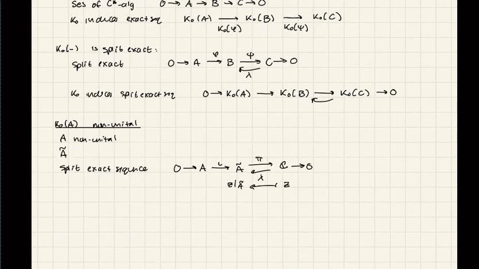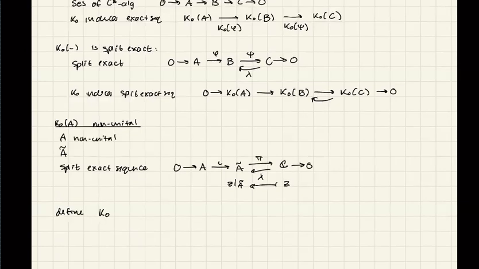Okay. So what we do here is we consider the induced split exact sequence for our K0 groups, and we define K0 of our non-unital C-star algebra to be the kernel of the induced map on K0 of that projection, pi, okay?